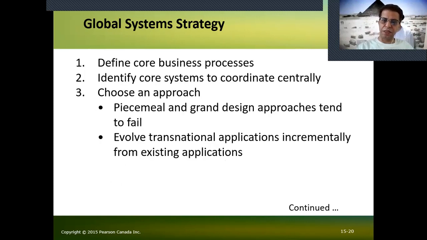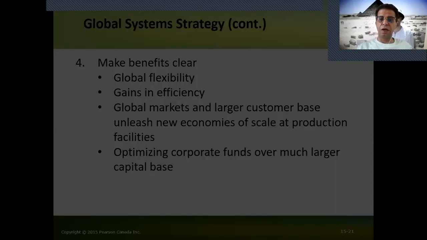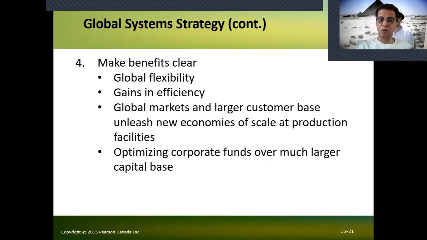In the global system strategy, first we need to define the core business processes, identify the core system to coordinate centrally, and choose an approach, whether piecemeal or grand design, which tends to fail. So we need a step-by-step approach, evolving a transactional application incrementally from existing applications. We also want to make the benefit clear.